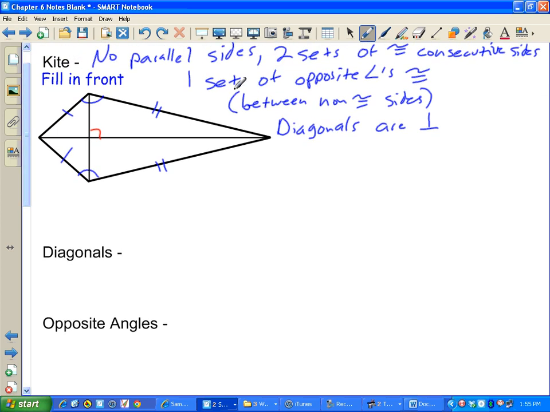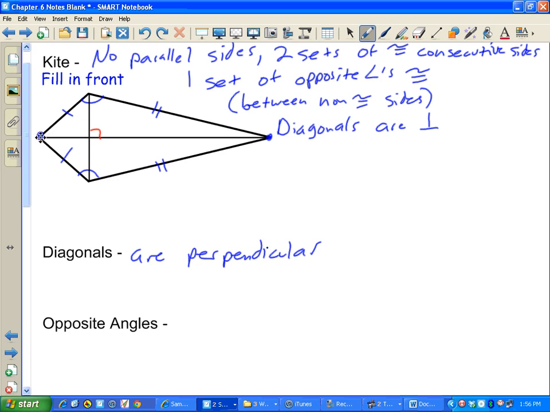Okay, so I guess I kind of put that stuff up here. Well, we can write it again down here. Diagonals, perpendicular, and this diagonals being perpendicular, that comes from the perpendicular bisector theorem, because if you notice, this point here is equidistant from these two endpoints, so it's on the perpendicular bisector of this segment.